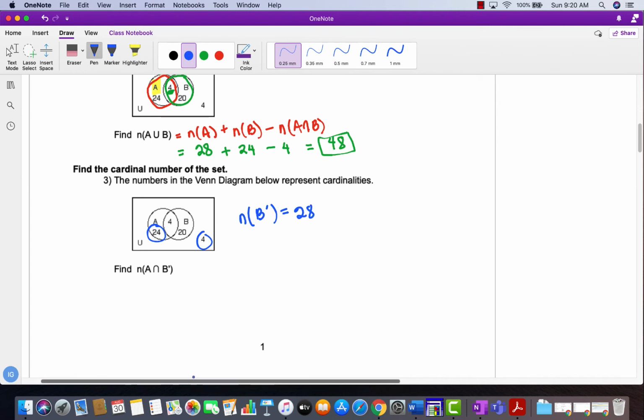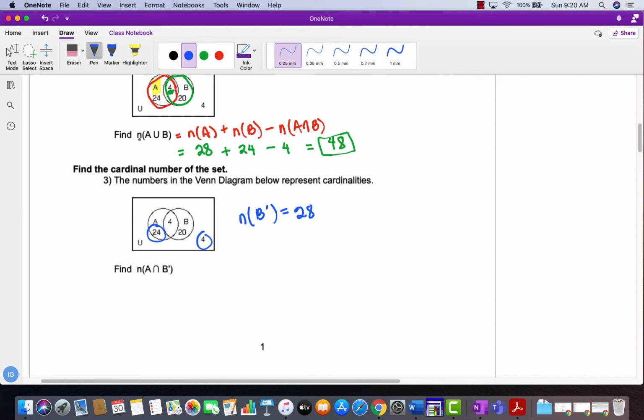All right, so now if I'm trying to find the intersection of A and B complement, so it will be A and B complement. So everything outside of B is 24 and 4. But what is in A and B complement?